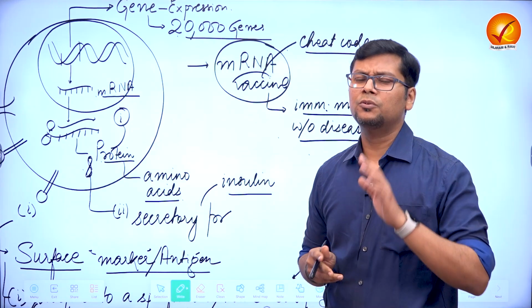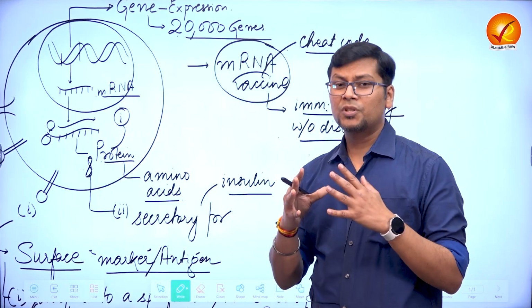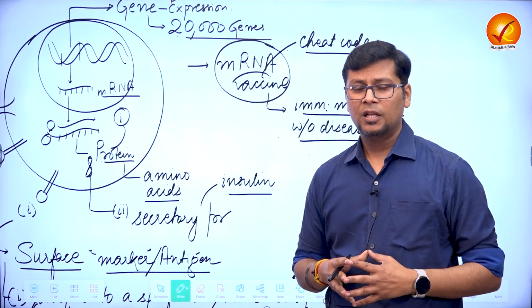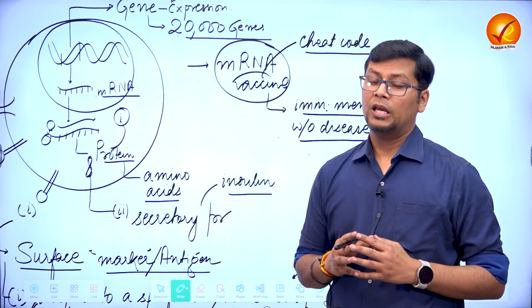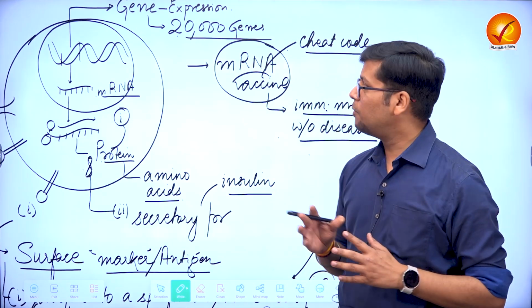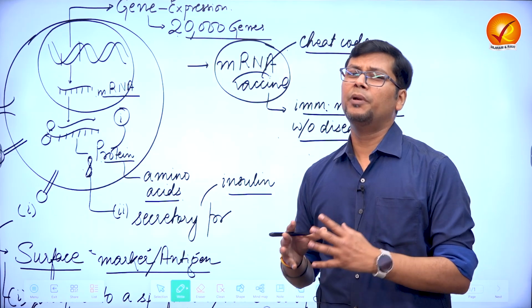There are multiple ways to do that. Vaccine deserves a lot of respect for being the single scientific innovation that has saved the maximum number of human lives. And in that, the mRNA vaccine could be treated as the single biggest revolution.